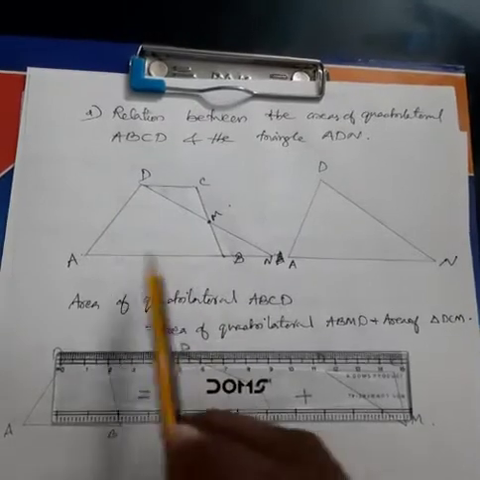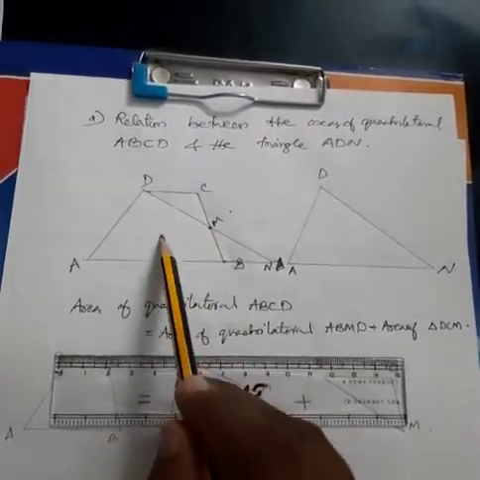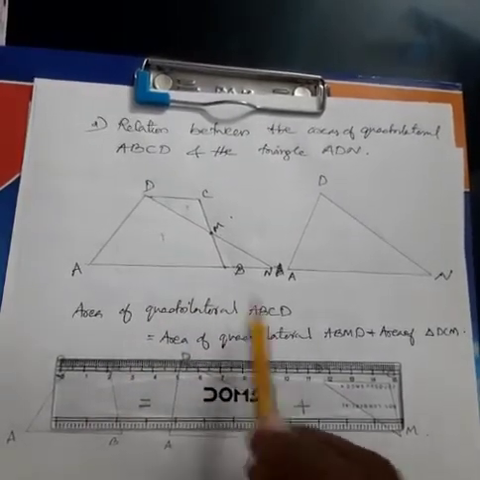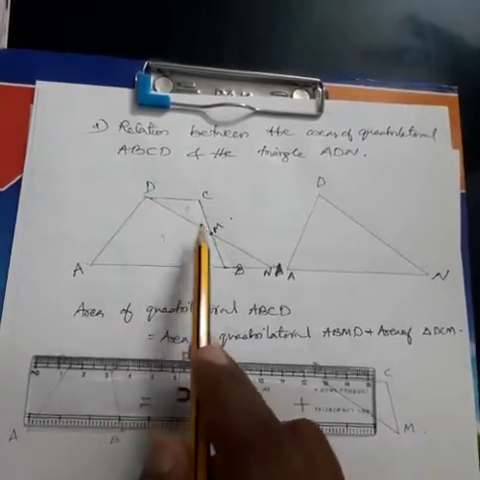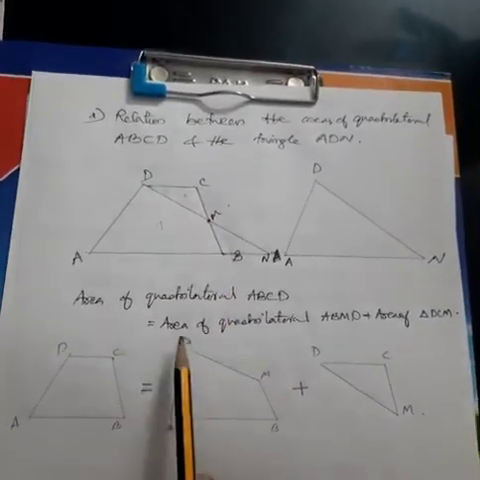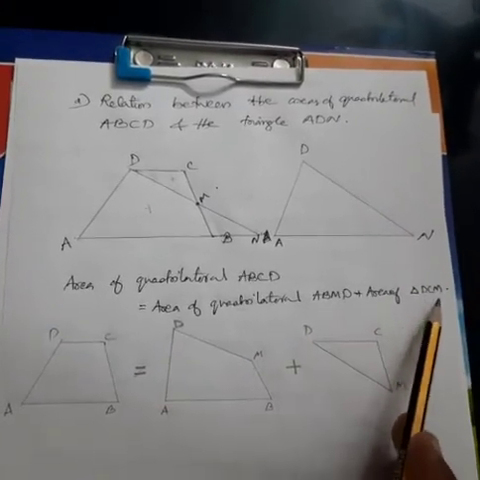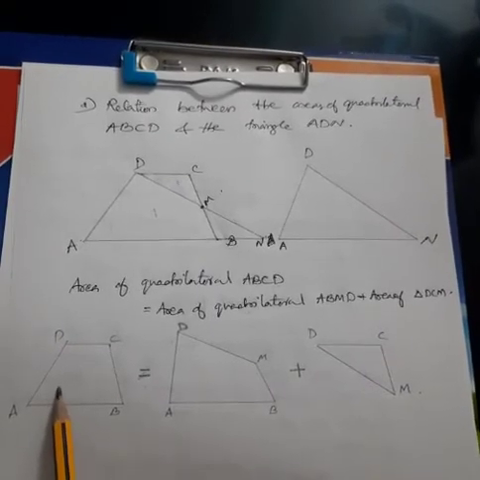So you can find out the area of quadrilateral ABMD, this one, plus this triangle. So the area of quadrilateral ABCD is equal to ABMD plus the triangle DCM. That is written here: area of quadrilateral ABMD plus area of DCM. That is drawn here. The total area of this quadrilateral you have to find out.